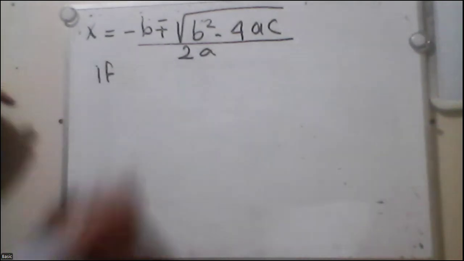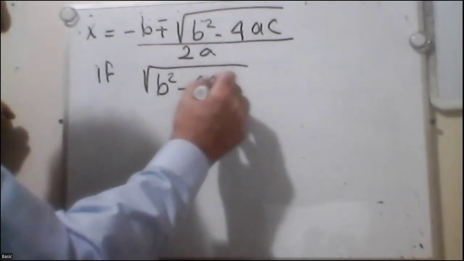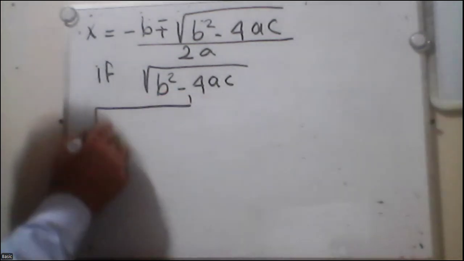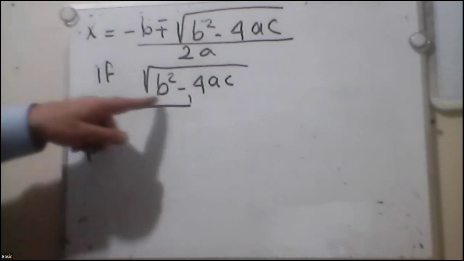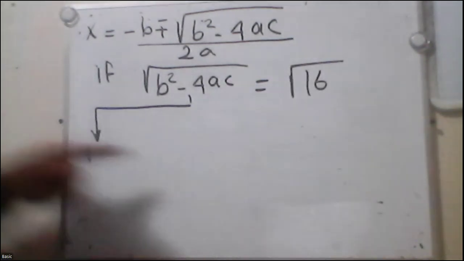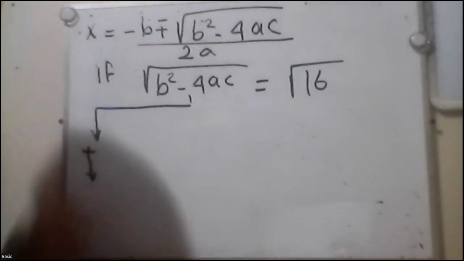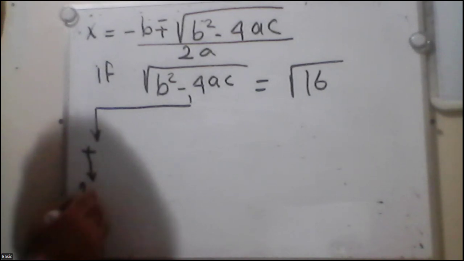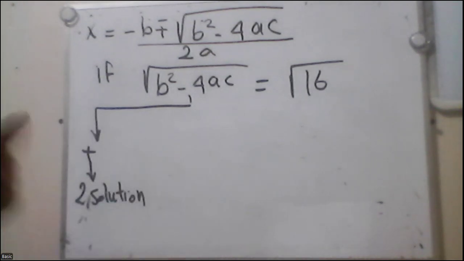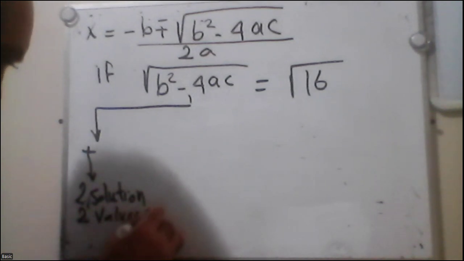Please write it down: if the square root of b squared minus 4ac is positive, if this number, as an example, you got root 16, greater than 0, then we have two solutions. In other words, we have two values for x.